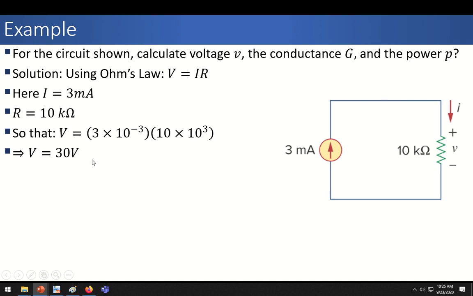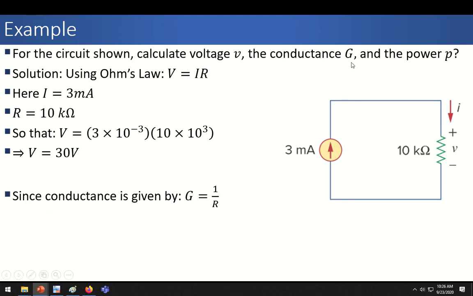Again you can note an interesting point: if current is in milliamperes and resistance is in kilo ohms, then voltage will automatically be in volts, because 10 power minus 3 multiplied by 10 power plus 3 cancel each other. This will be 3 into 10, or 30 volts.